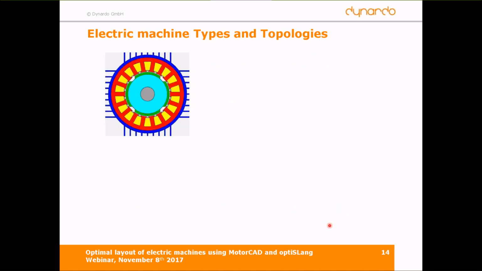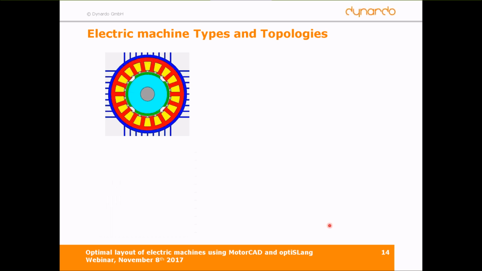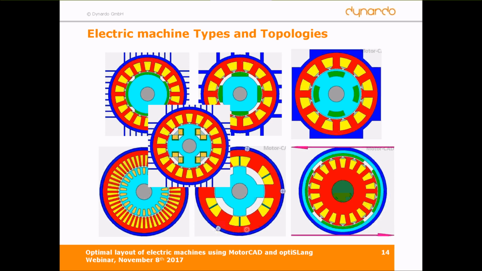So the first question is always, what type of machine are you going to use? Here I just assembled a few snapshots of the templates in Motor-CAD. You see the green magnets here, surface mounted, embedded magnets here, an induction motor, and reluctance, which uses reluctance for torque generation, using a coil for creating the north and south poles.